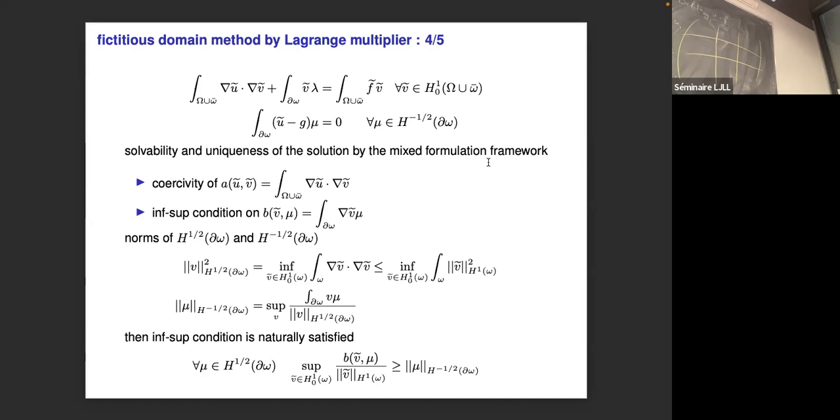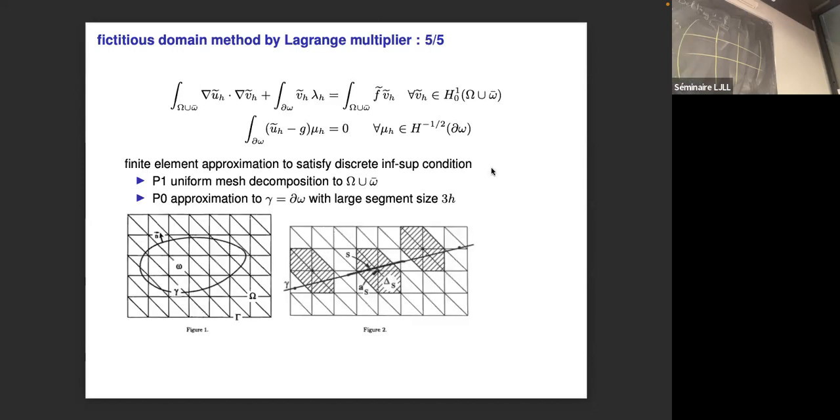So if we would like to impose the Dirichlet data in a weak sense, the Lagrange multiplier works very well. But the issue is that after the discretization, the so-called inf-sup condition is not so straightforward. This was analyzed and published in 1995. We have to use a large mesh for the Neumann data with somewhat low-order approximation, a P0 element, but the size should be almost 3 times larger compared to the primary data.